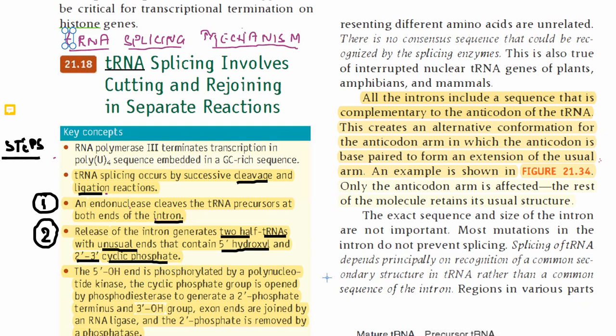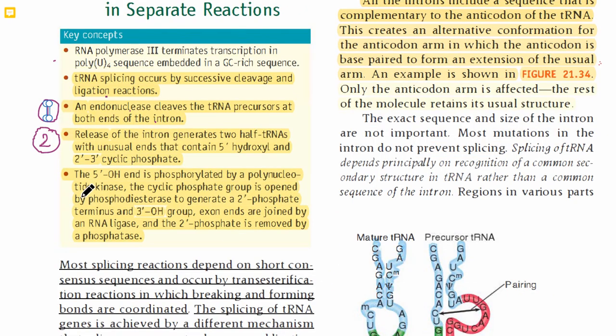After this, in the third step, the 5' OH group which is generated here is phosphorylated to create a 5' phosphate group.